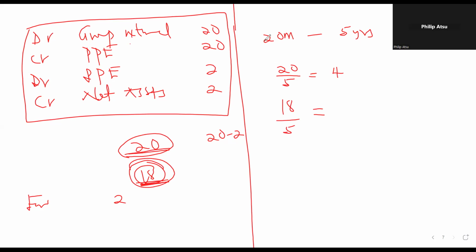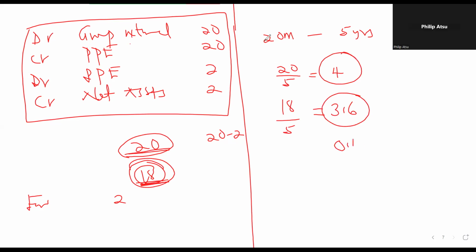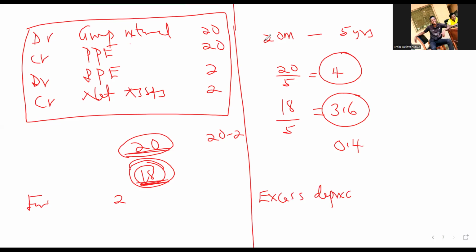Okay, 3.6. So the depreciation that should have been charged should have been 3.6. But you have charged 4 million. You have overcharged your depreciation by 0.4. So you count your net asset, you bring what we call the excess depreciation, which will be an addition. You add it to reporting.